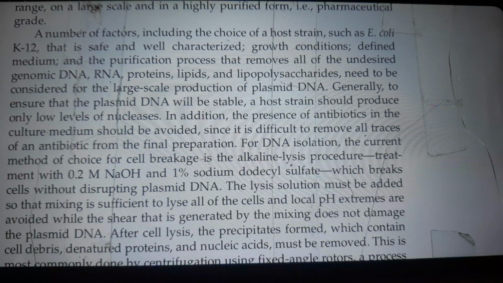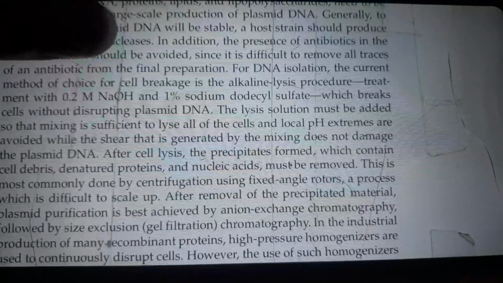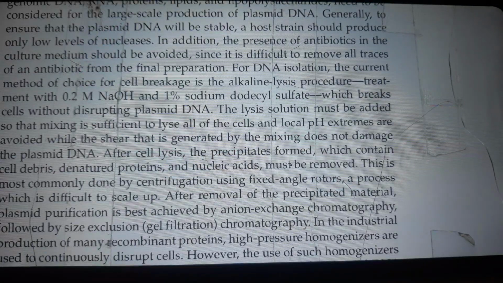Generally, to ensure that the plasmid DNA will be stable, a host strain should produce only low levels of nucleases. In addition, the presence of antibiotics in the culture medium should be avoided since it is difficult to remove all traces of an antibiotic from the final preparation of DNA.